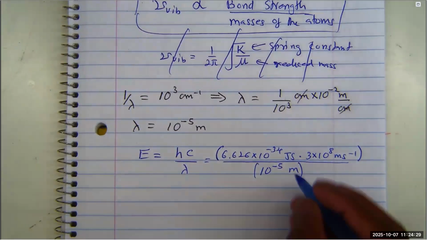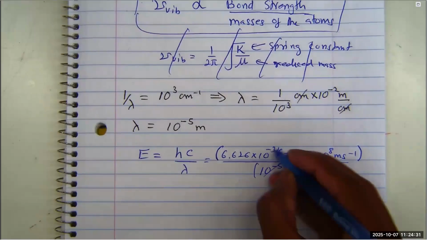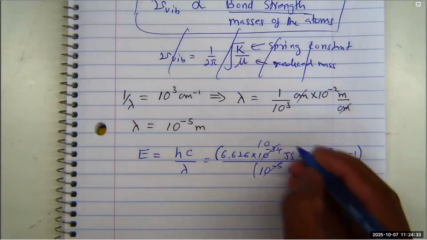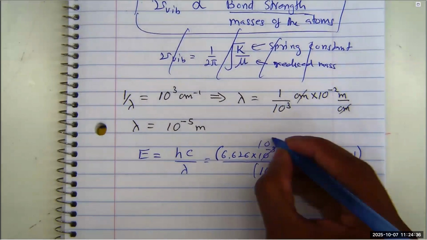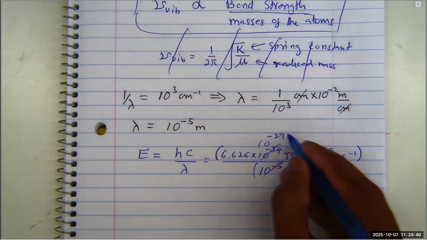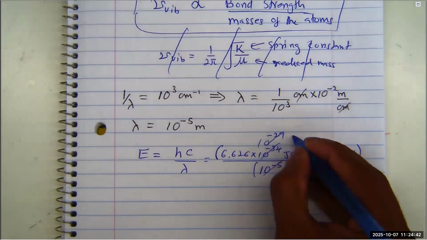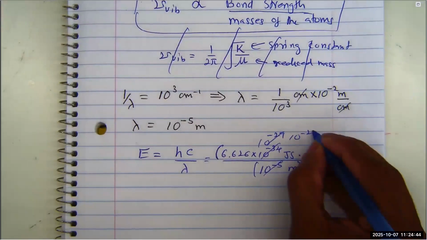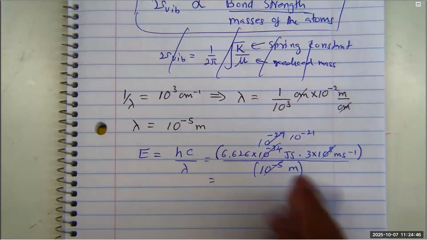I don't have a calculator, so I'm going to try to do this manually. I can cancel out 10 to the power of negative 5 with this, and then this should be 10 to the power of negative 21.